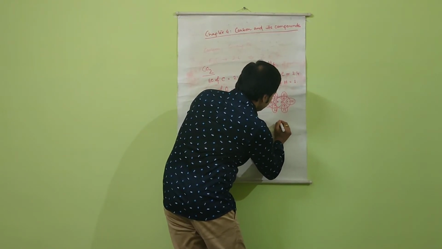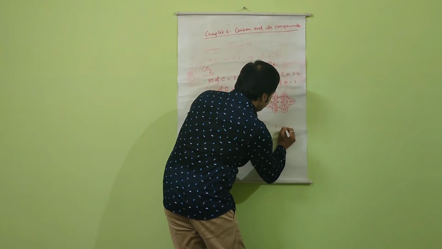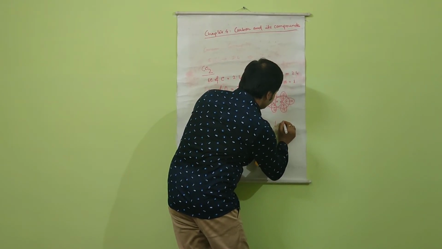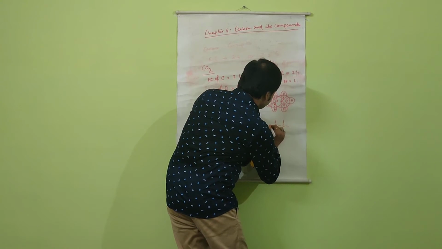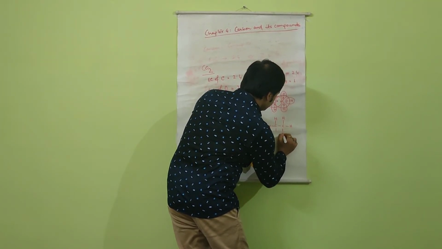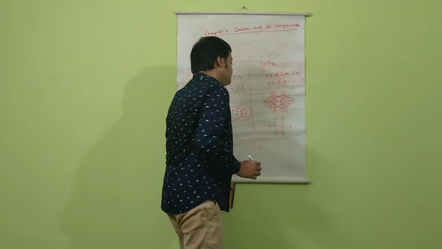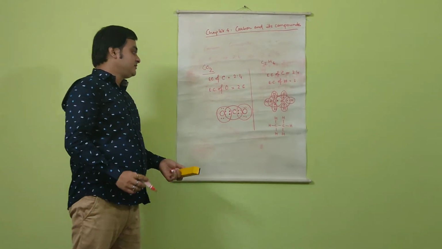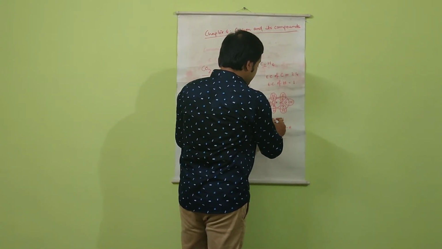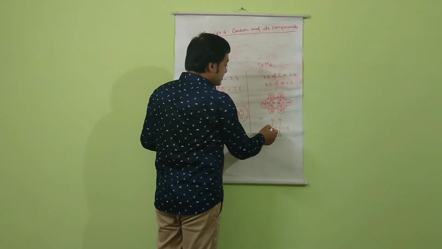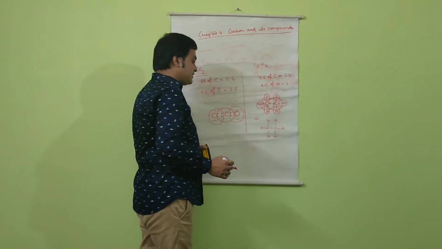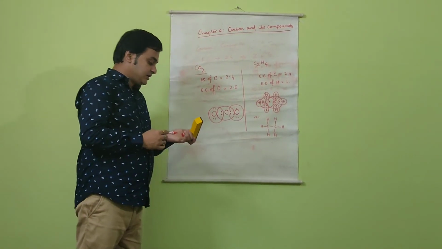We can represent it in this way also. So this is the Lewis dot structure of ethane, and we see that the single bonds are formed by the mutual sharing of electrons between carbon and carbon and between carbon and hydrogen atoms in the ethane molecule.